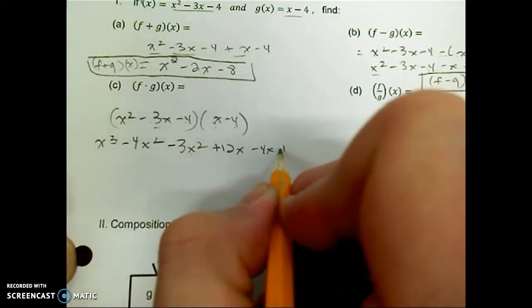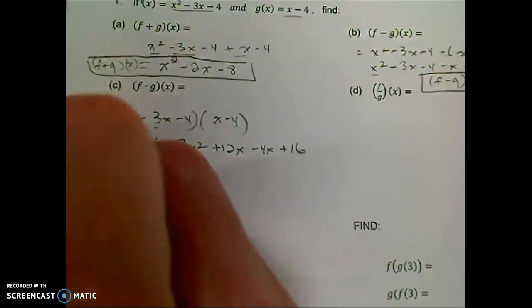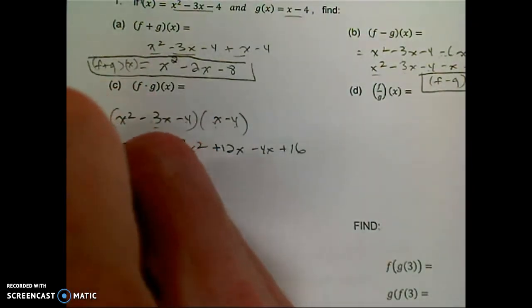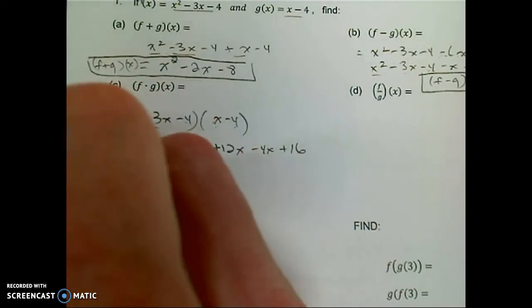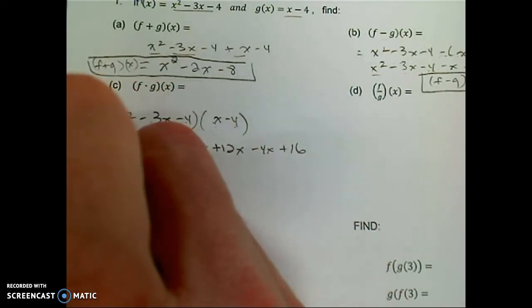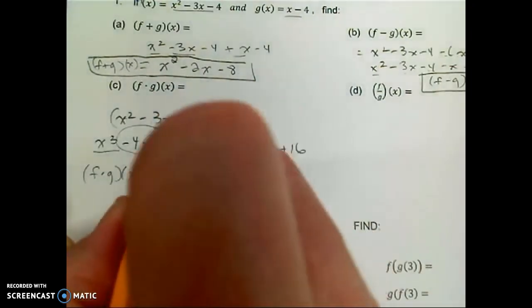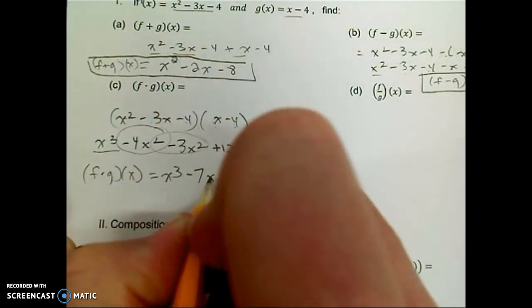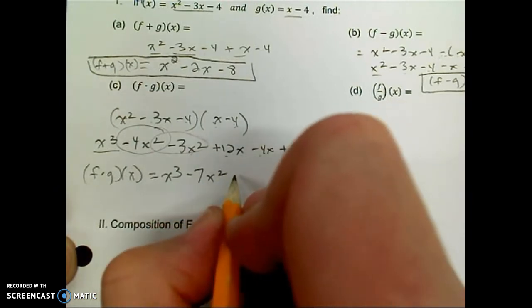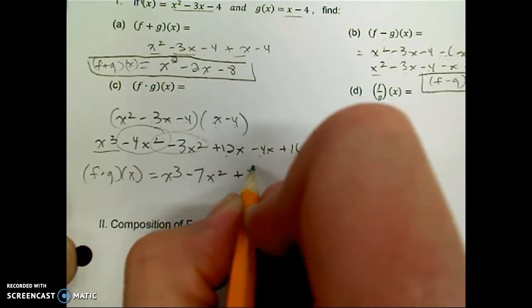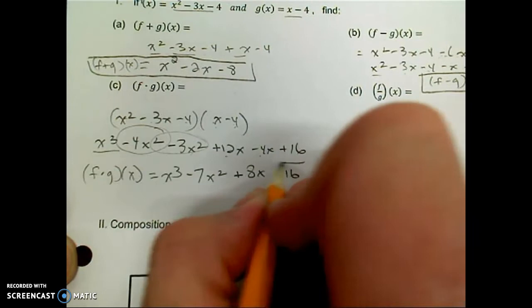Minus 4x plus 16. So let's simplify now. F times g of x is equal to x to the third. We have a negative 4x squared and a minus 3x squared. So that's minus 7x squared plus 8x plus 16.